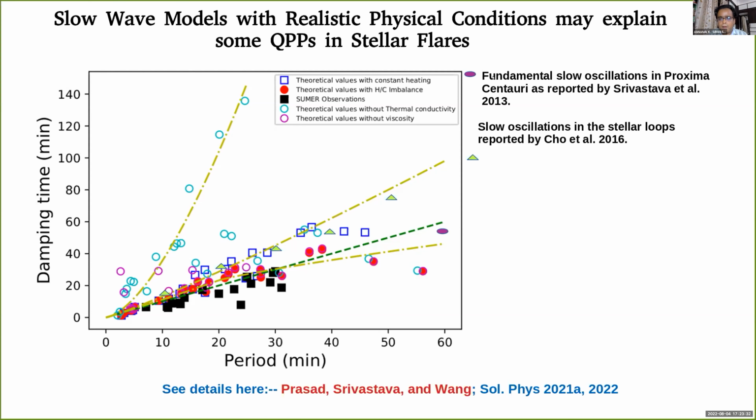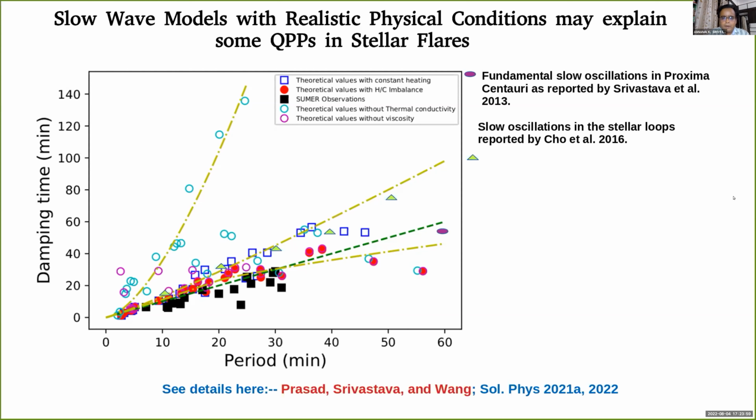I have put in the fundamental slow oscillation in Proxima Centauri, as reported by Srivastava et al. You can see this is lying near the tau equals P line, and I overplotted the green triangle, which is the data from Cho, and it is lying very near to the observed value and very near to the theoretical curves that we are predicting here with this linear model.